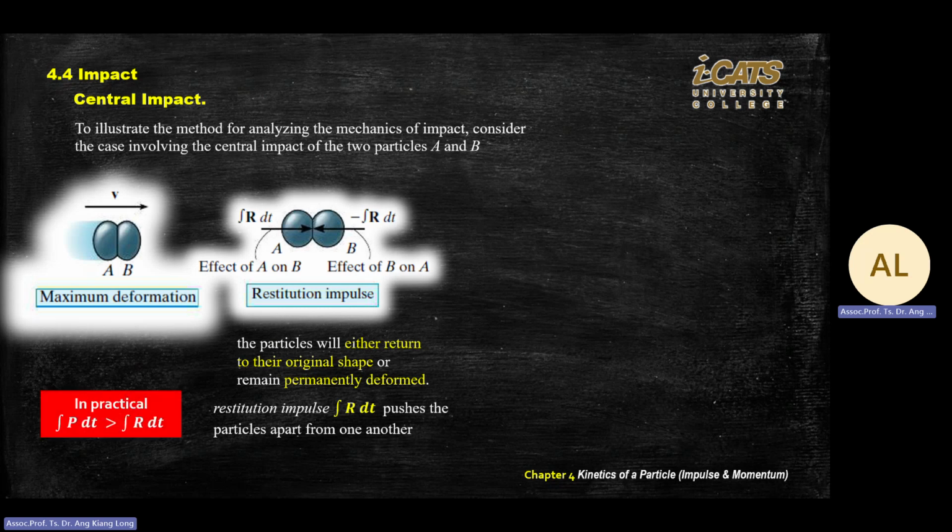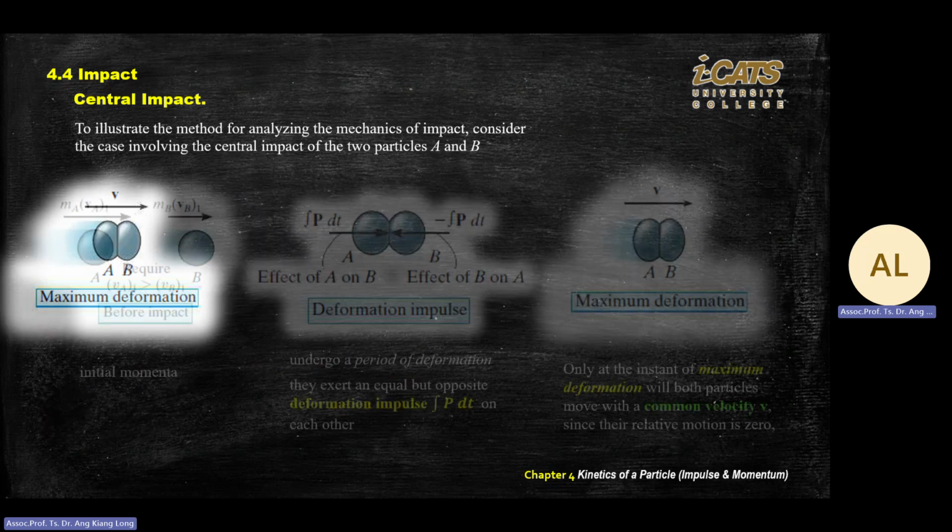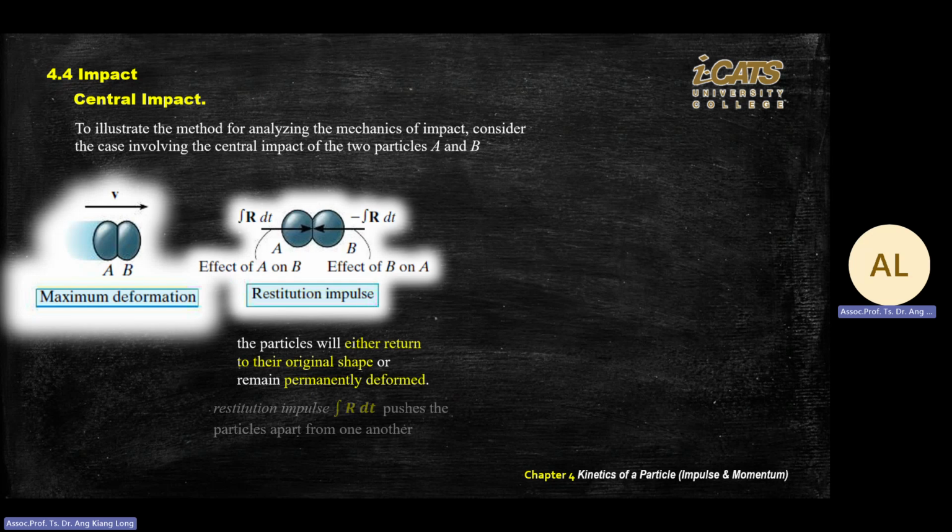In practice, if you do the experiment, the deformation impulse P will be more than the restitution impulse R. Before you hit, you have the highest energy, so when you hit, P will be higher than R, because you already use energy for deformation.